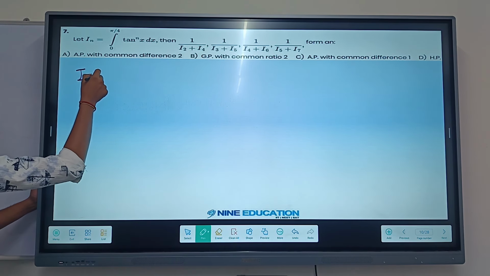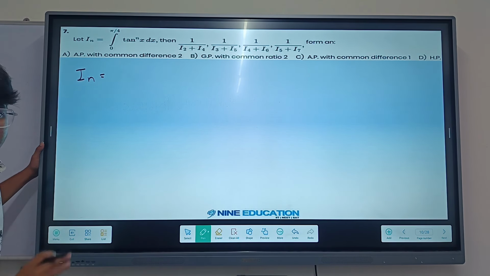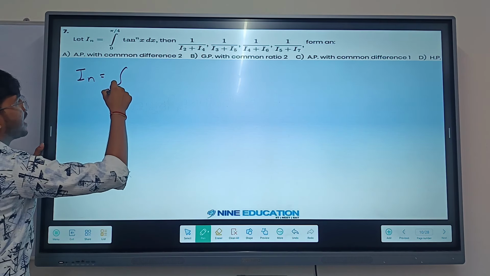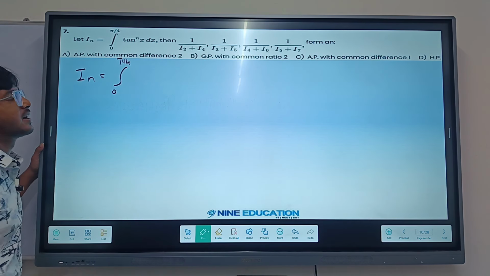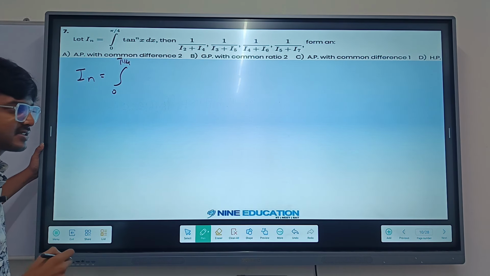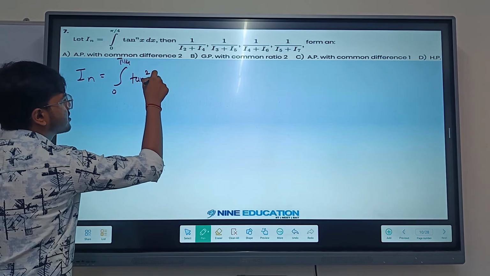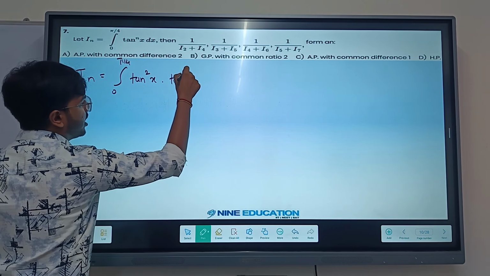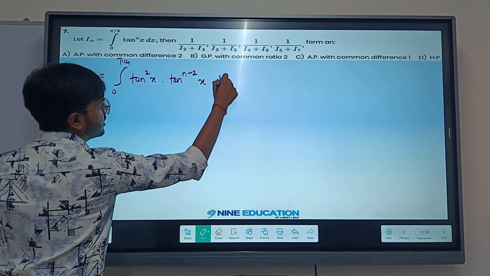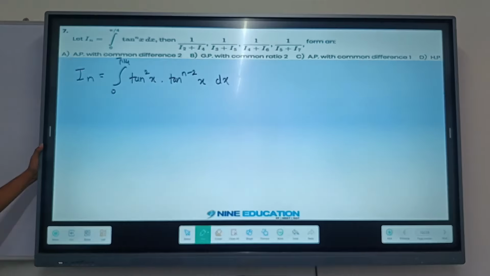Now first let's try to find the value of the integral In. So we have the integral from 0 to pi by 4 of tan power n x dx. So tan power n x, I can break it as tan square x into tan power n minus 2 x dx. Why did I break it like this?